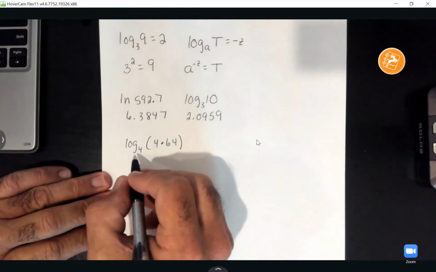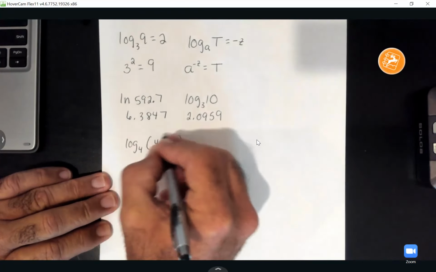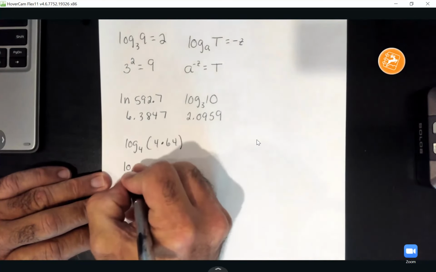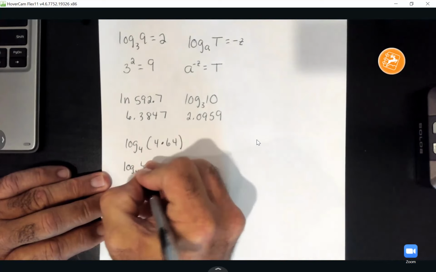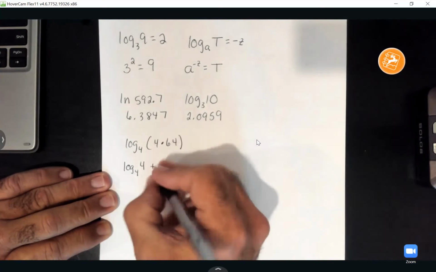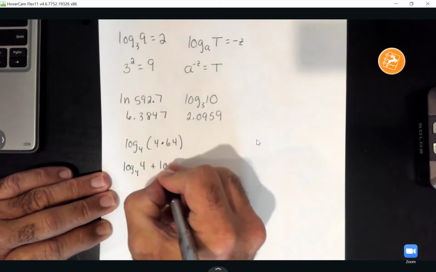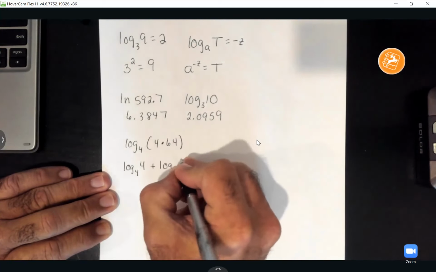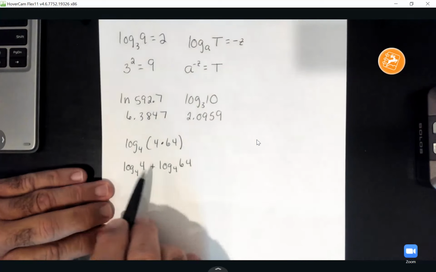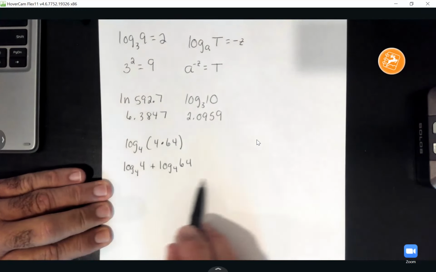So basically, you distribute the log 4 to both of these and write it as addition. So you're going to get a log base 4 of 4 plus, distributing the log 4 to the second factor, gives me a log base 4 of 64. Now, we don't have to simplify this any further. They just wanted me to write it as a sum.